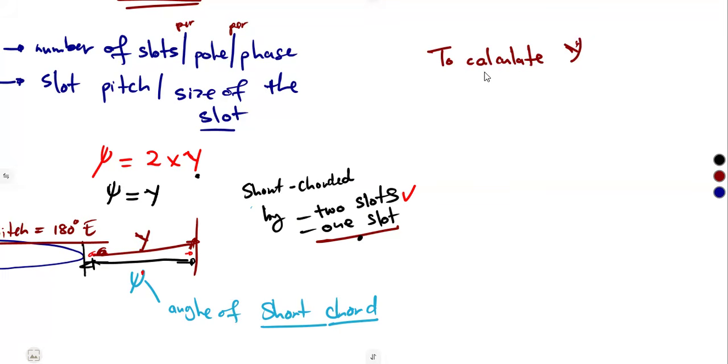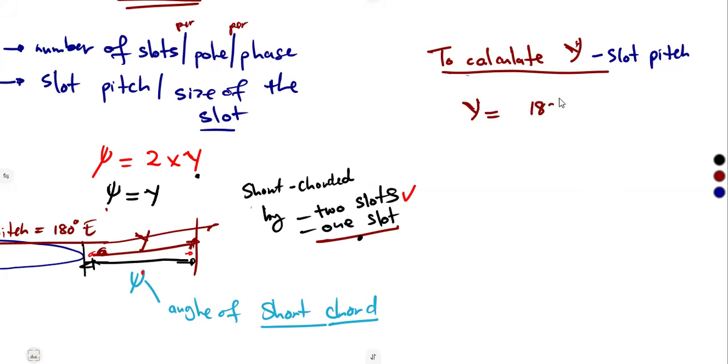Remember, that's our slot pitch here. This can be calculated from the electrical degrees of the pole pitch, which is 180 degrees. Remember the 180 up to the end there. So it follows that our gamma is equal to 180 electrical degrees over slots per pole.